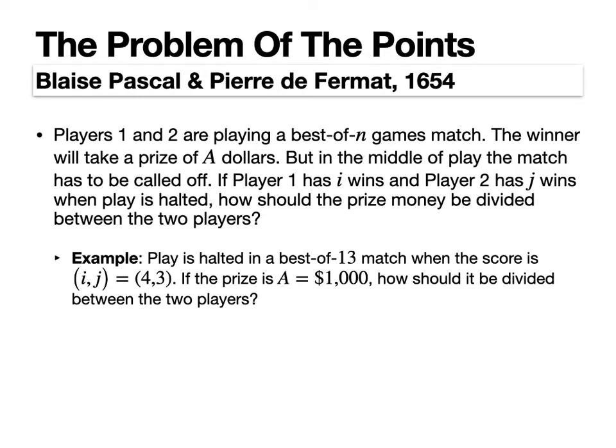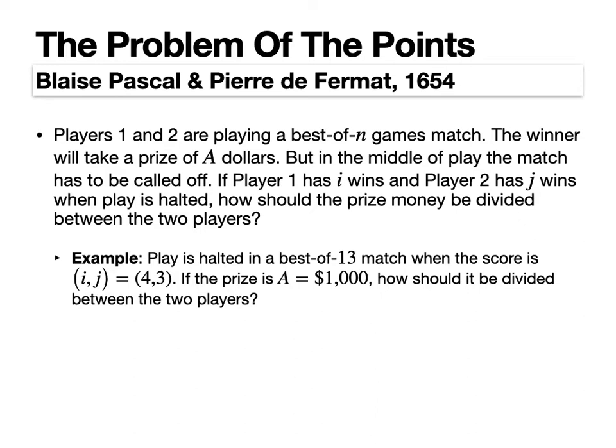For example, you can think of a best of 13 match when player 1 has 4 wins and player 2 has 3 wins, when the match has to be called off. So if the prize is $1,000, how should it be divided between the two players?